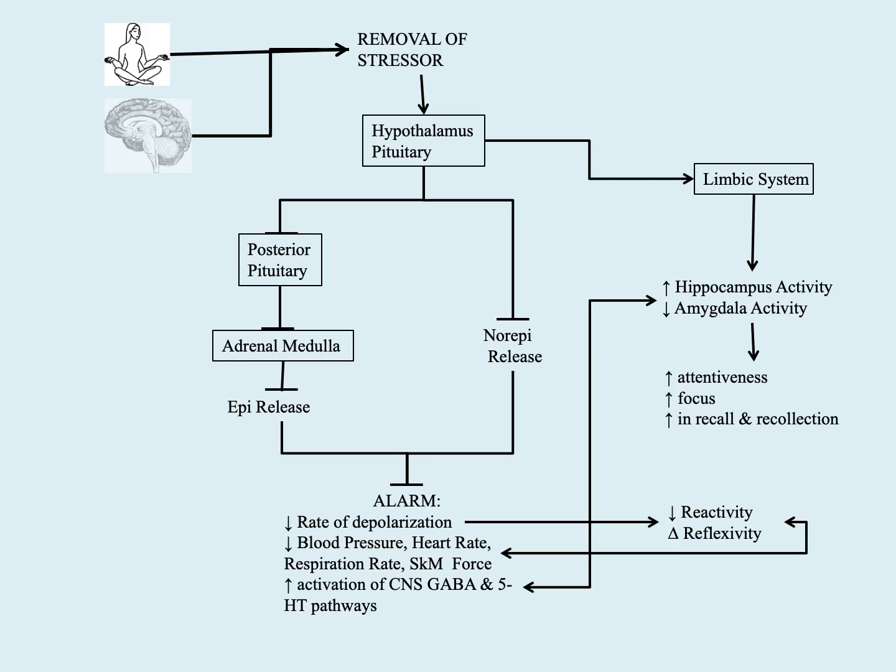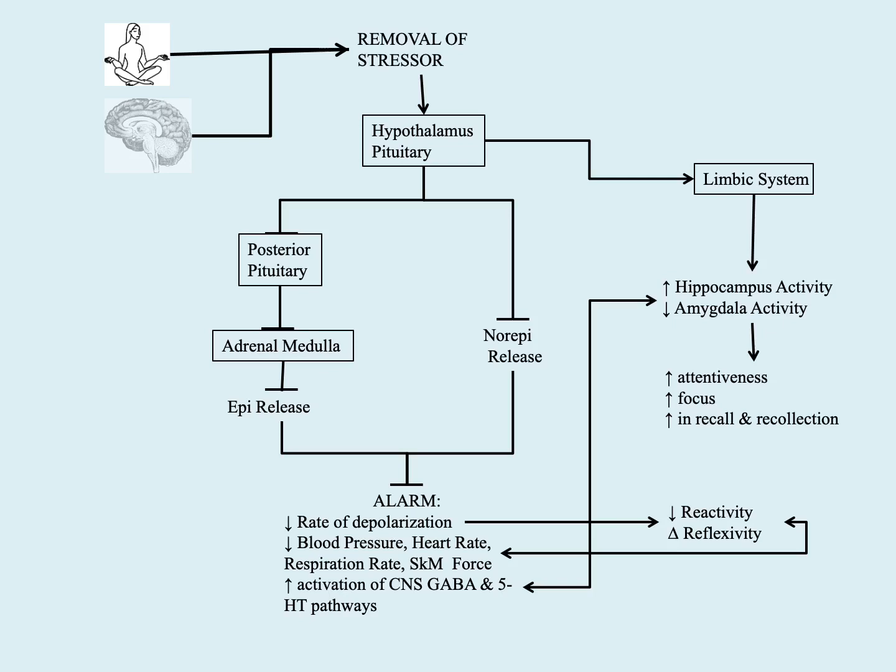The combination of the increased serotonin and reduction of glutamate and noradrenergic pathways centrally with the hypothalamic outflow on the limbic system diminishes amygdala function, increases hippocampal function. I become more attentive to what I need to attend to. It increases my level of focus and increases my level of recall and recollection.